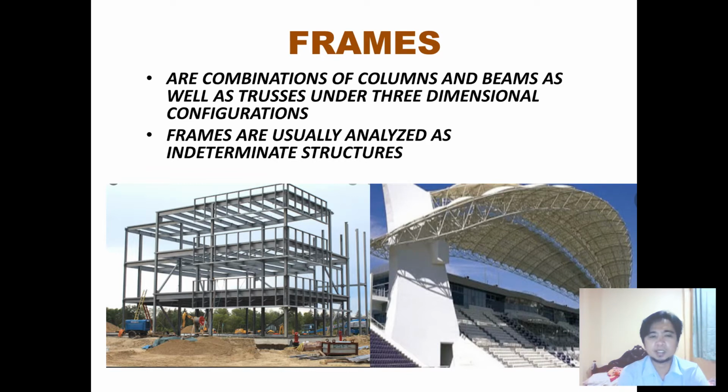If there are a lot of unknowns, we cannot use the three equilibrium equations alone, but supplement them by a series of procedures that will be introduced to you later on. Okay, so we cannot limit ourselves to the three equilibrium equations, but for the meantime, in Theory 1, we are dealing with determinate structures.